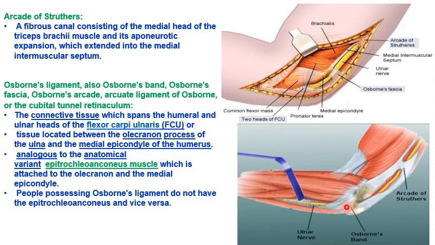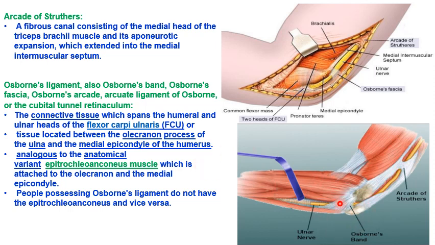This is analogous to another variant muscle called the epitrochleoanconeus muscle, just like the Gantzer muscle of the flexor pollicis longus in the flexor compartment of the forearm.